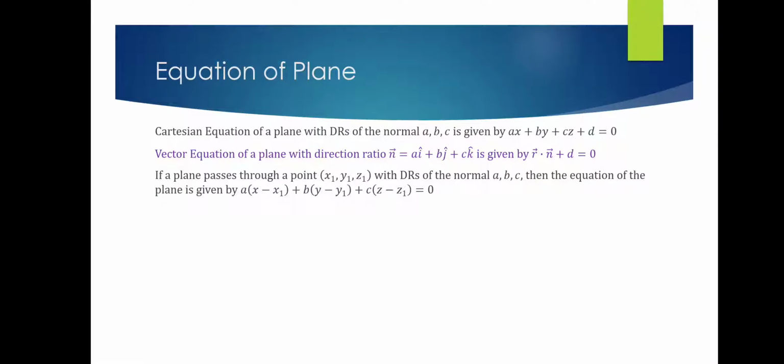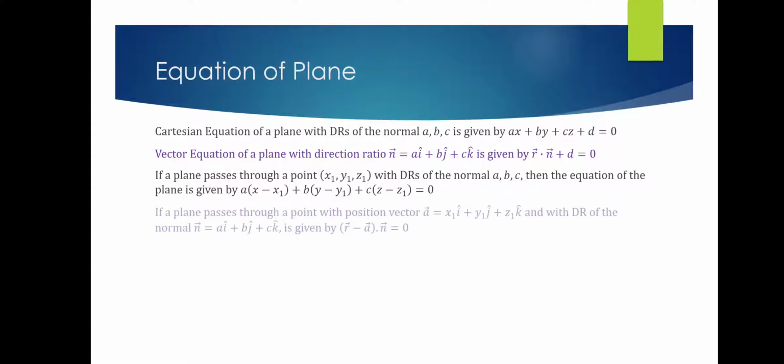Again, this is called a point form. Now, if I know the direction ratio of the normal, that is a, b, and c, and if the plane is passing through a point x1, y1, z1, then the equation of the plane is given by a into x minus x1 plus b into y minus y1 plus c into z minus z1 equals to 0.